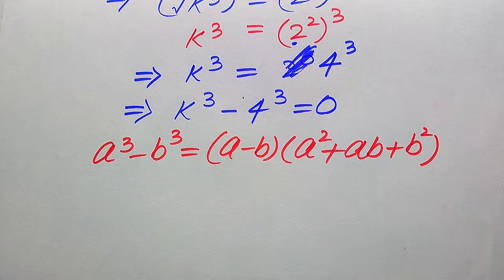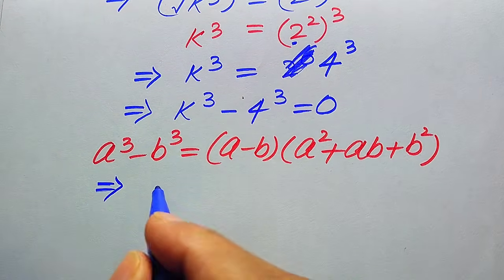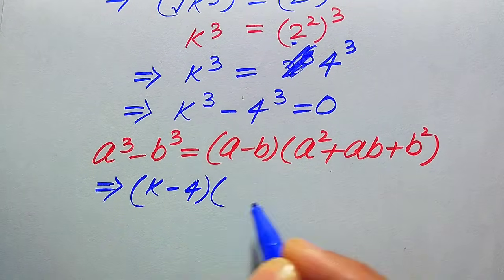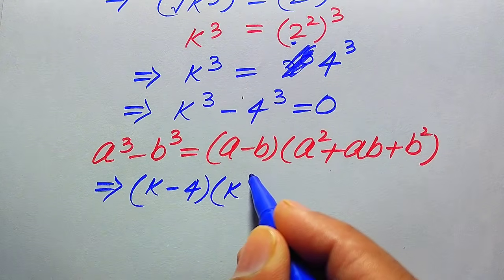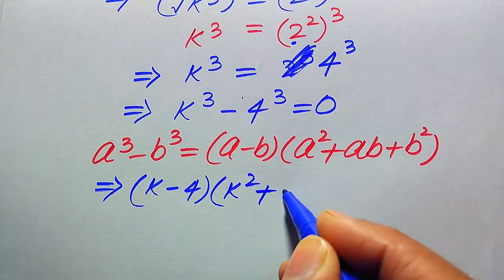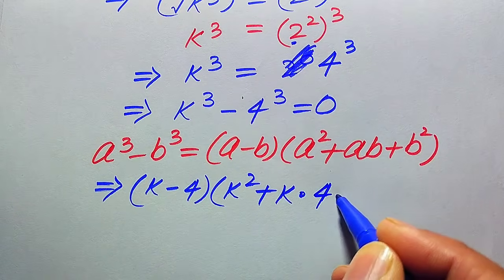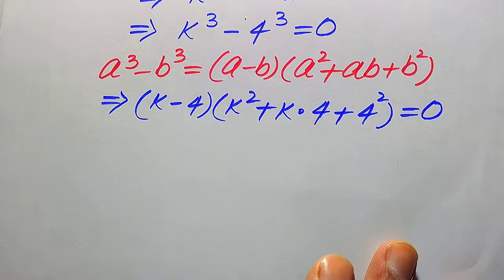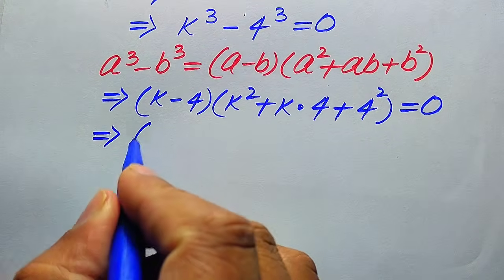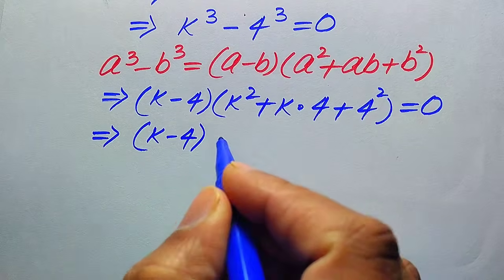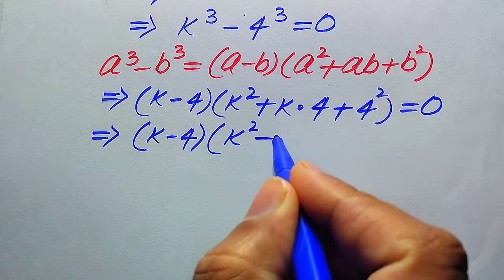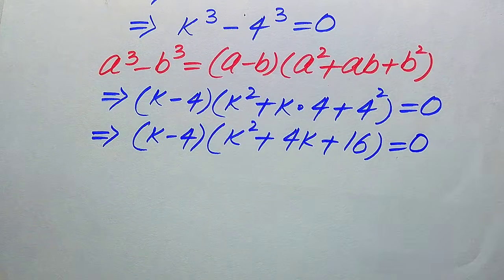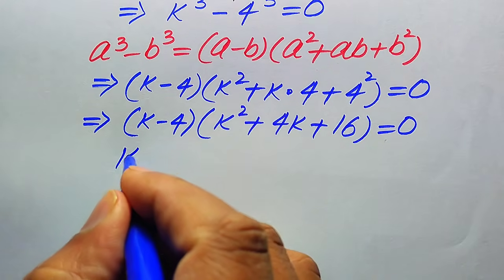So according to this cubic formula, we expand the left hand side of the above equation as a minus b, where the value of a is k and the value of b is 4, times a squared, where a is k squared, plus ab, where a is k and b is 4, plus b squared, where b is 4 squared, and this whole equation equals 0. Further we need a little more simplification, and it will be written as k minus 4 times k squared plus 4k plus 4 squared, which becomes 16, and this whole equation equals 0.